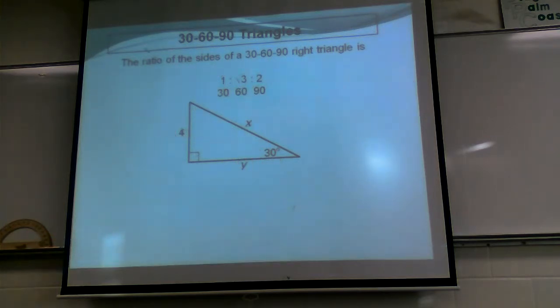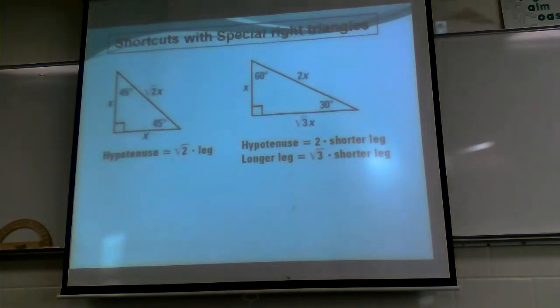All right, I can do it again. We'll do 2 more examples before I get to the short one. Do one with 45, 45, 90, and then one with 30, 60, 90. There's x, there's y, let's do 10.